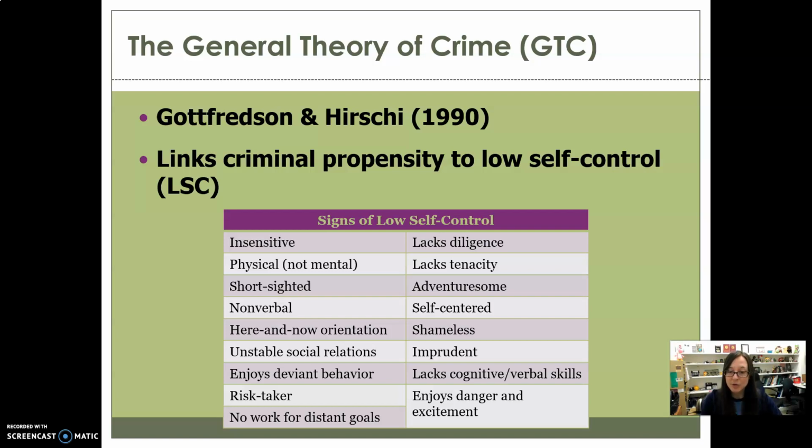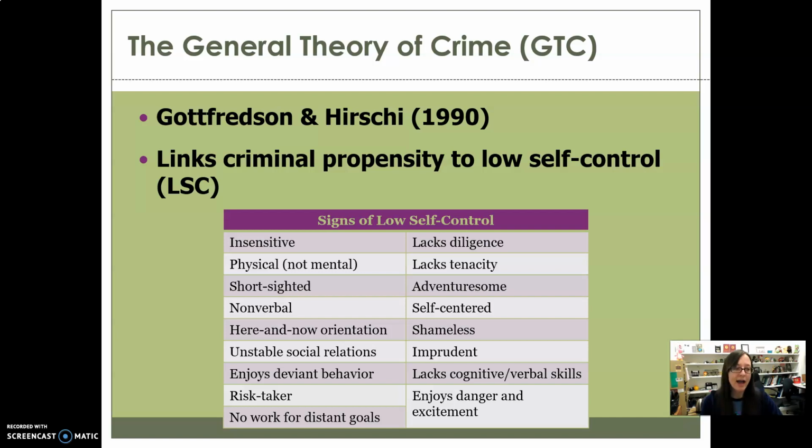Very unstable social relationships, so they can't really hold a partner or a spouse for very long. They enjoy deviant behavior, so there is an enjoyment factor there. They are risk takers, not careful with how they are living their life every day. They don't work for distant goals, often because they don't have distant goals.